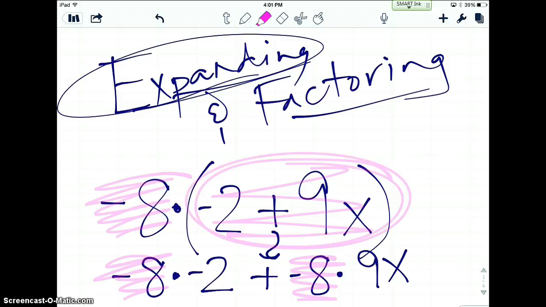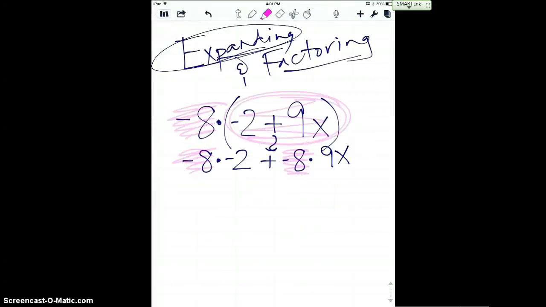And now I can simplify that a bit more. So -8 times -2 here to get this constant term. Negative times negative is a positive. And 8 times 2 is 16. Bring down the plus.